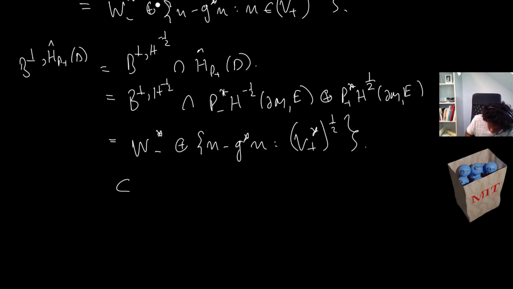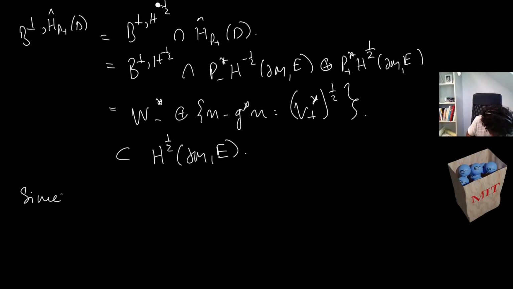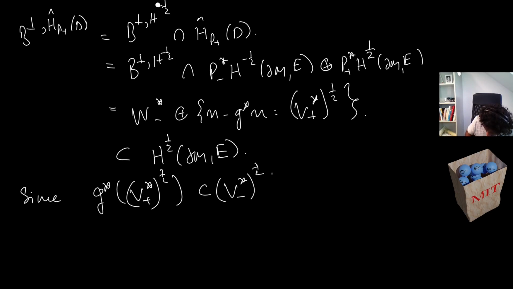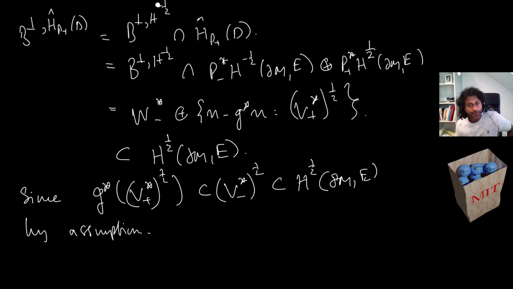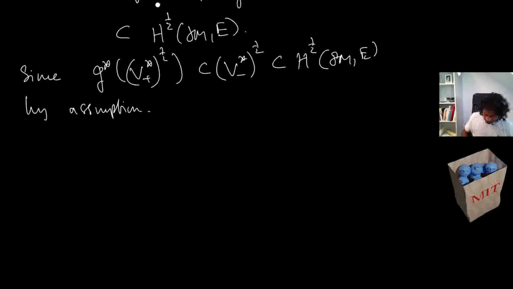So together that means that this is now contained in H half m e, since G star of V plus star half is contained in V minus star half, contained in H half m e, by assumption. Okay, so that's the easy direction of the proof. So any questions so far?